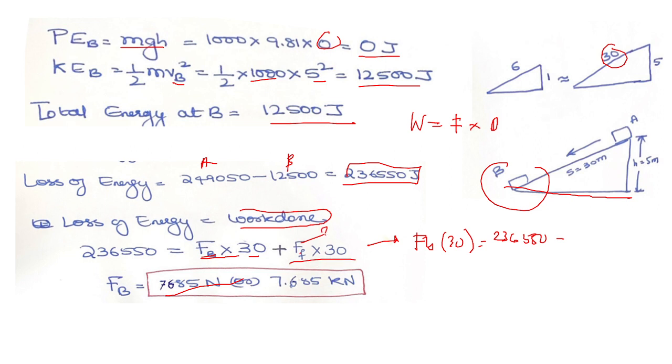Frictional force is 200. Divide both sides by 30. In other words, you have 7,685 Newton or 7.685 kilonewton. So that's all, and thank you.